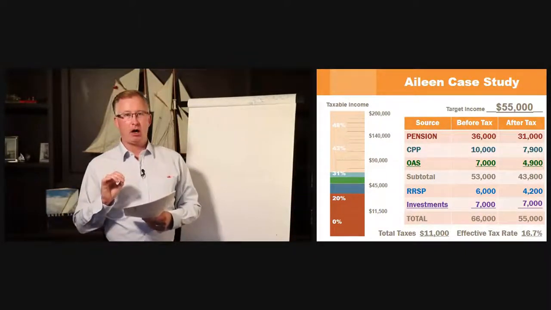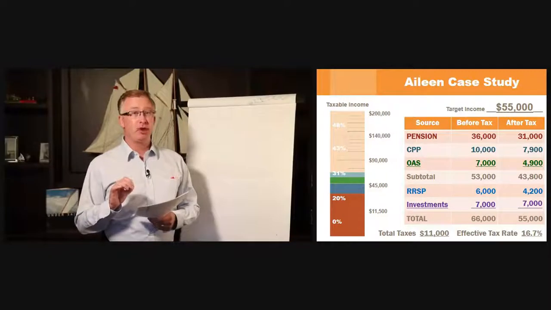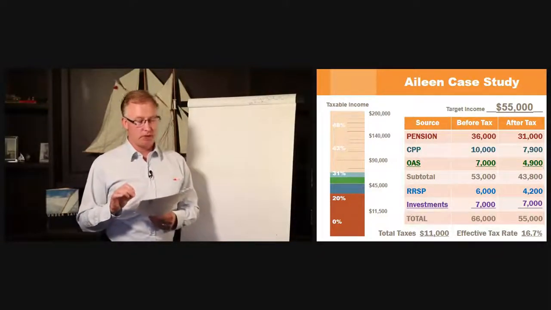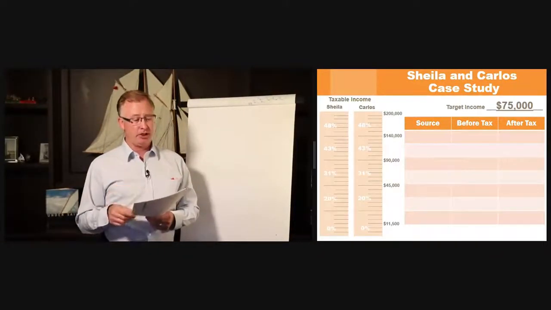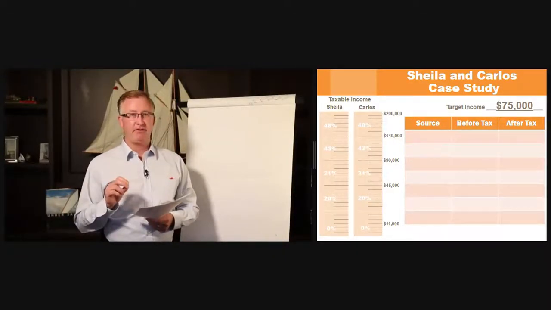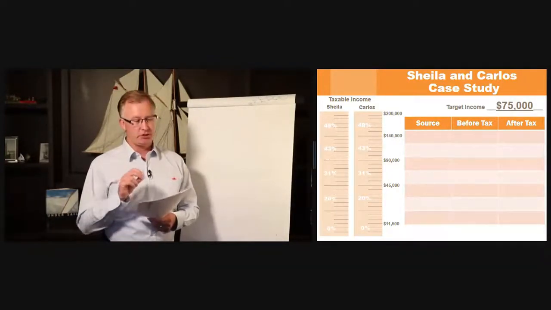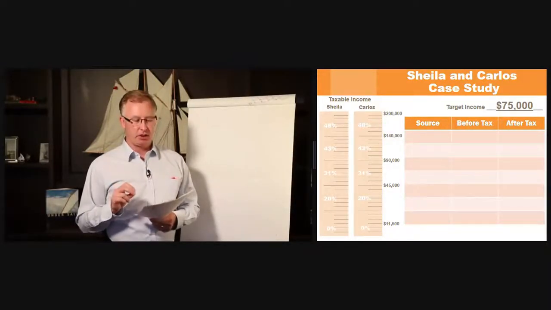Carlos has a group RRSP that's got about $196,000 in it, and he's got a regular RRSP that's got about $210,000 in it. So Carlos is 63. He's done a good job saving. Sheila has about $175,000 in her RRSP, but she also has a reduced pension, because she's retiring at 60, of $26,000 a year.